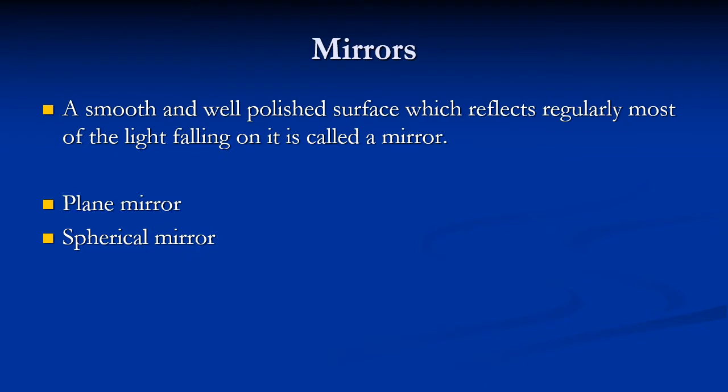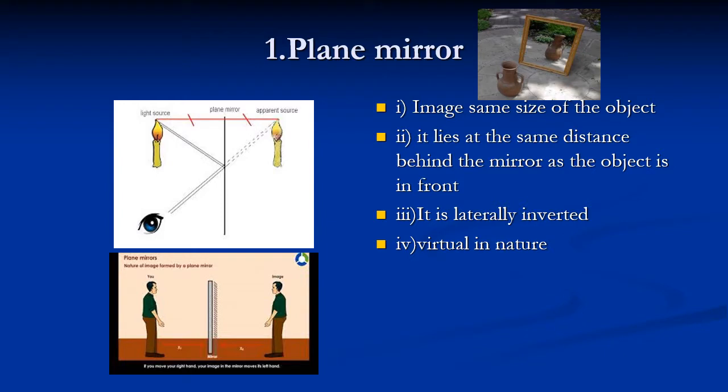So we should see something about mirrors. A smooth and well polished surface which reflects regularly most of the light falling on it is called a mirror. We have two types of mirror, a plane mirror and a spherical mirror. In a plane mirror, the image is the same size as the object, it lies at the same distance behind the mirror as the object is in front, and it is laterally inverted and virtual in nature.